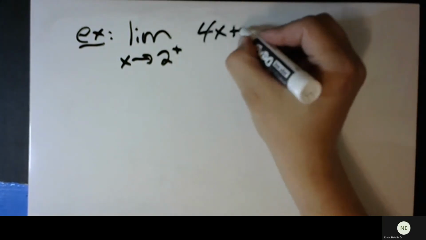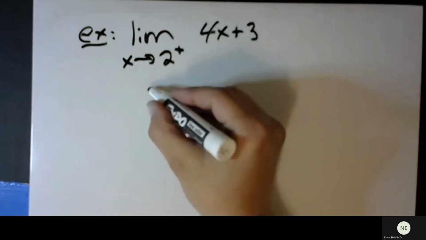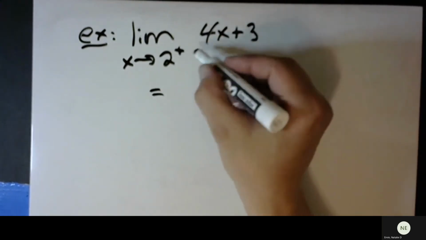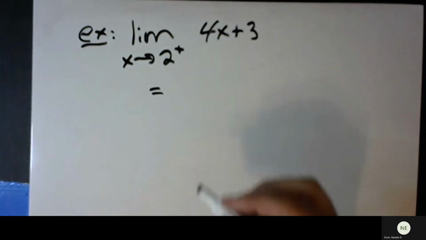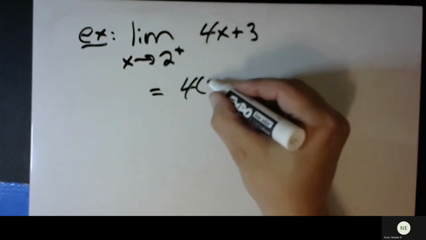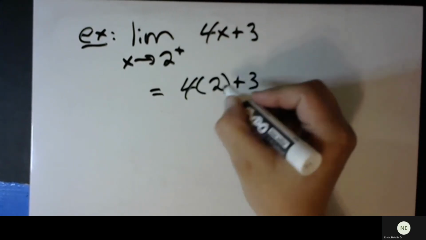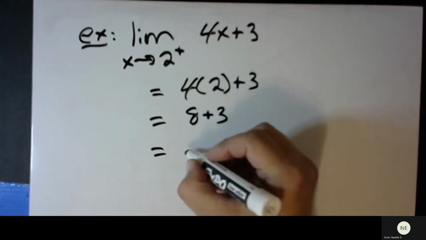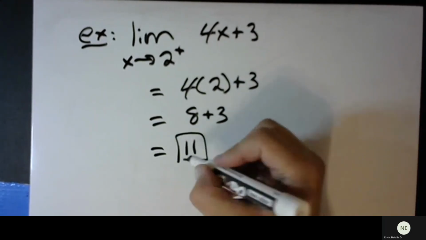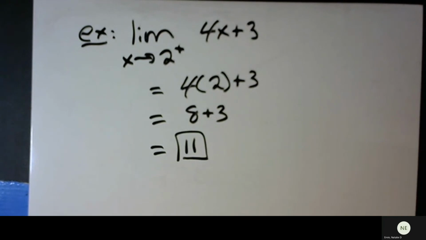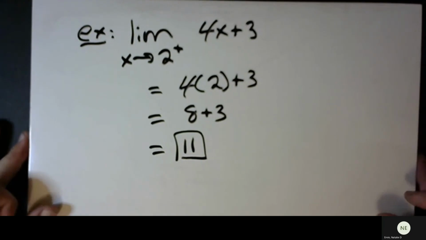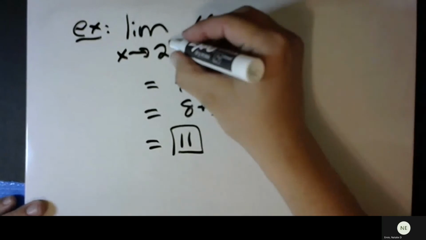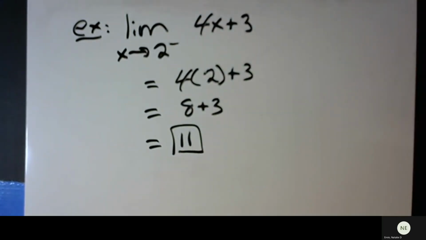So if you have something like this, there's domain for this function to the right and left of 2. So we can just substitute. And so we're all good. And you're going to get the same thing computationally. If this was 2 minus, you're going to do the same thing.